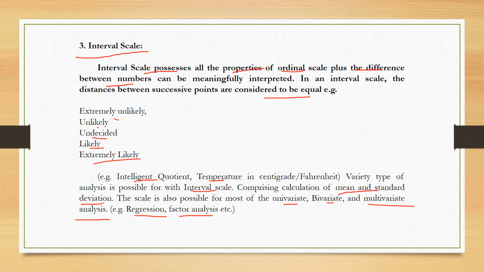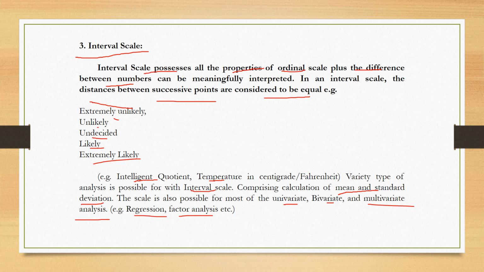Unlike the nominal scale, where categories are denoted with numbers, or the ordinal scale, where only characteristics are denoted with numbers, in interval scales the distances between successive points are considered to be equal, and on that basis the analysis is done.